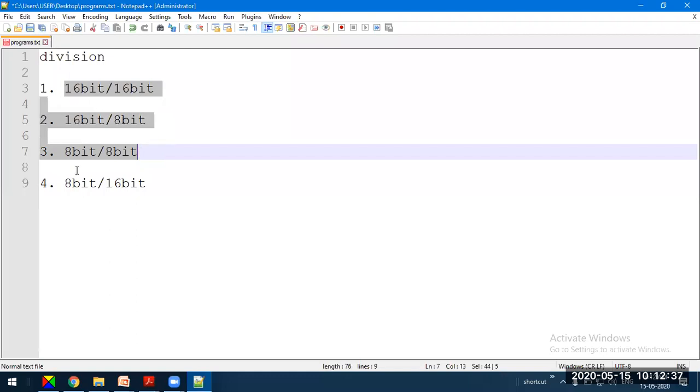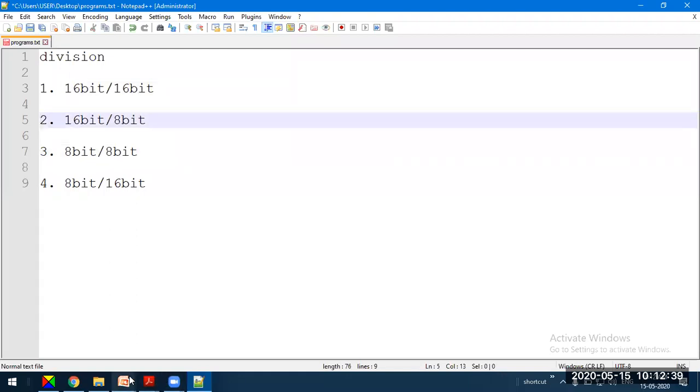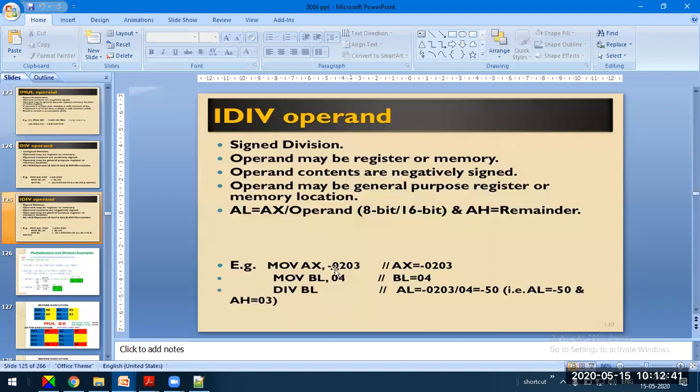So, 16-bit divided by 8-bit. The example here: the AX register contains 16-bit data, whereas the BL register contains only 8-bit data. One of the data is negative and the other is positive, so the quotient in AL should be negative, because one of the data is negative.